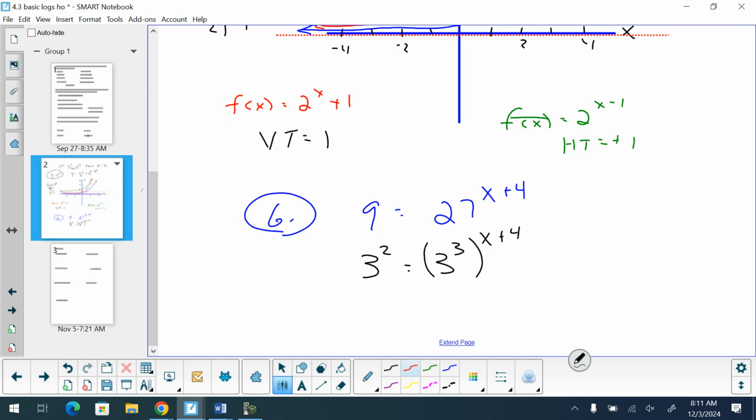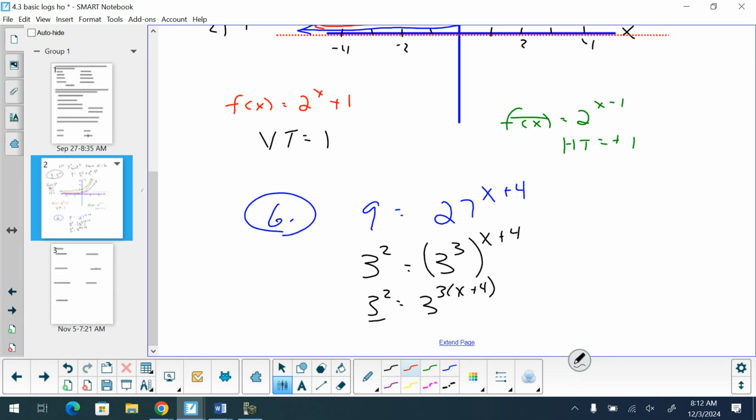Well, on the right-hand side here, we have a power to a power. So this is 3 to the second is equal to 3 to the 3 times x plus 4 power. When we have a power to a power, once again, this is going to tax you back into your exponential algebraic skills. If we have a power to a power, we multiply them.